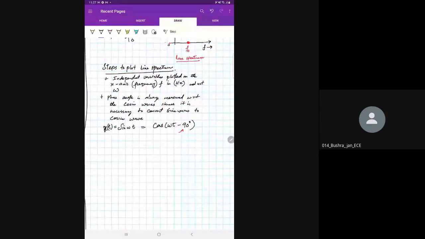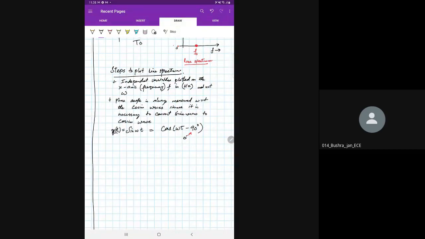Then we have to plot its spectrum. So here phi, or phase difference, is equal to -90. Sine theta is equal to cos of theta minus 90. This is how we convert every sine wave into the cosine form.